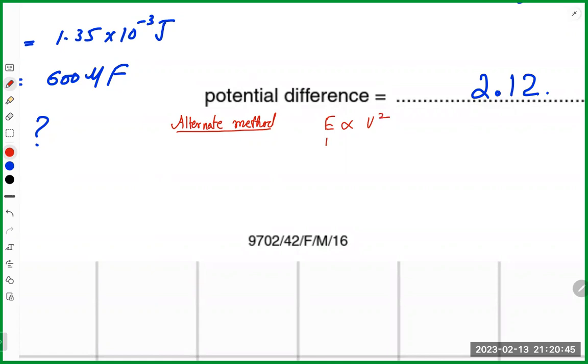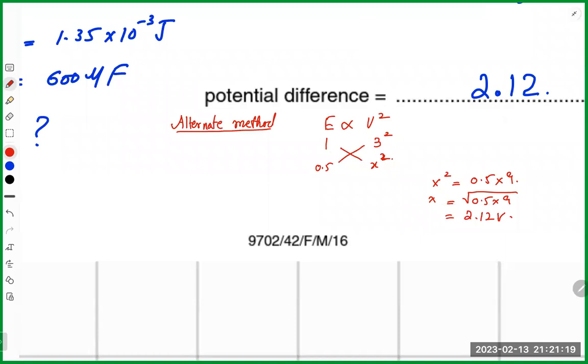So if this is 1, this is 3 square. If this is 0.5, this is x square. So x square equals 0.5 into 9. X equals the square root of 0.5 into 9, and you will get 2.12 volts.